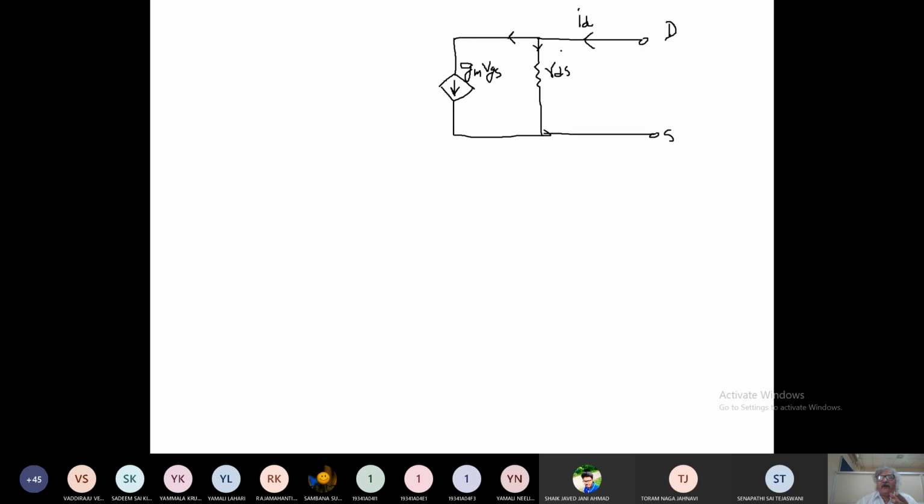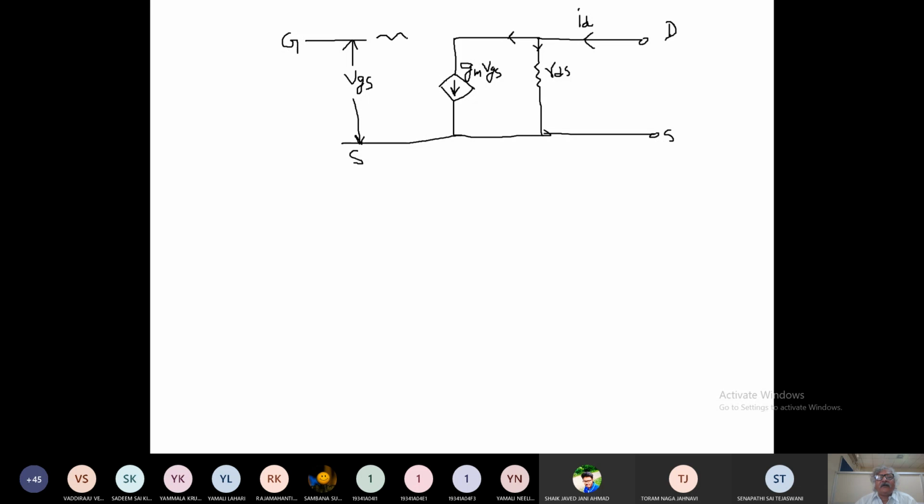This is our source, and here we have the gate, and between gate and source you have a voltage VGS.